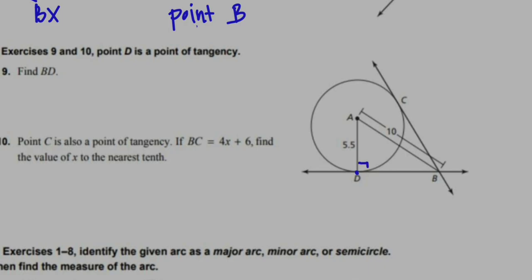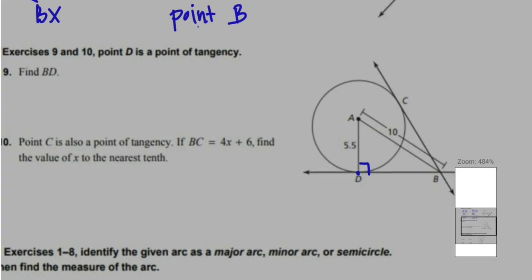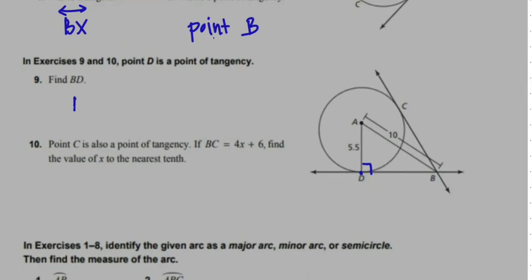So this is a right triangle. We're given the hypotenuse, which is 10. Now we can find BD. So BD squared plus 5.5 squared equals 10 squared. We use the Pythagorean theorem.